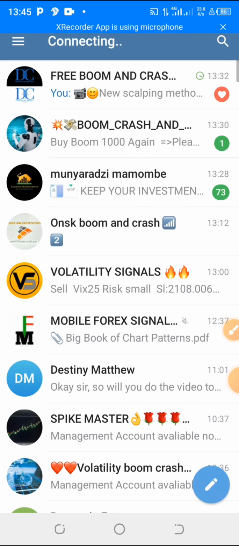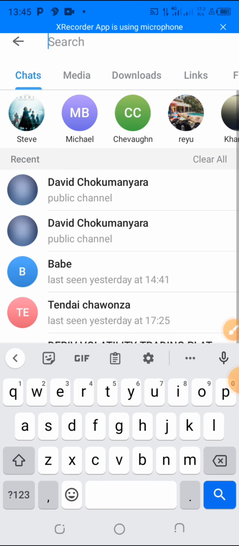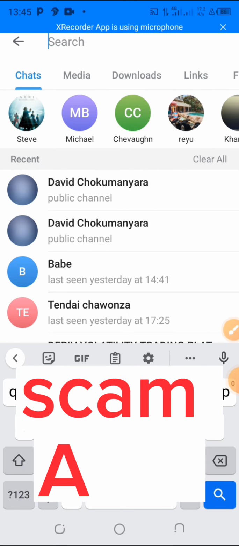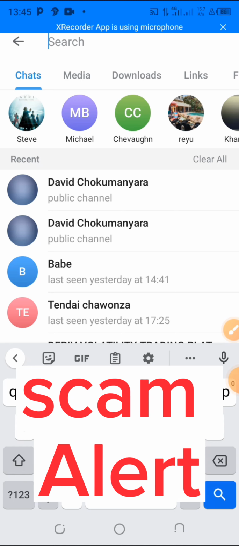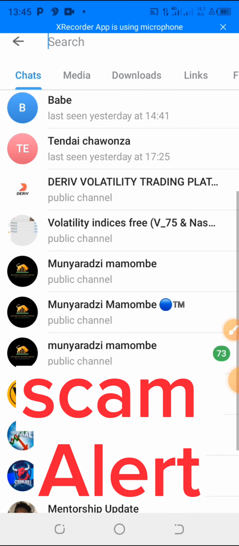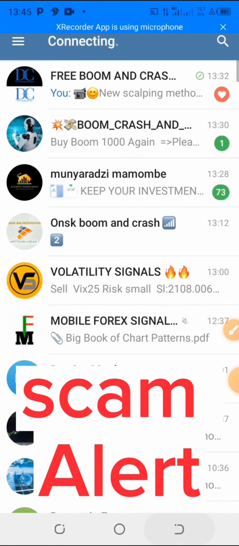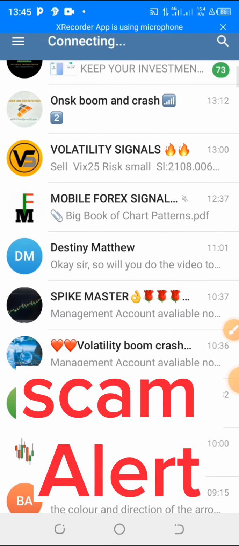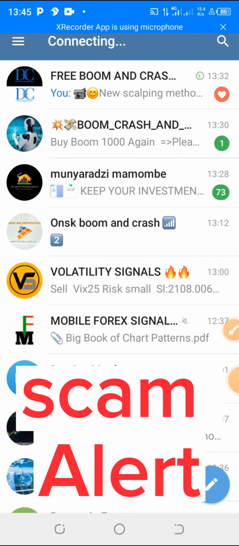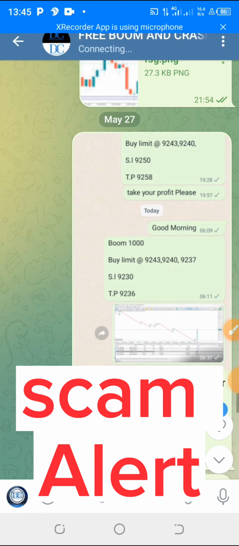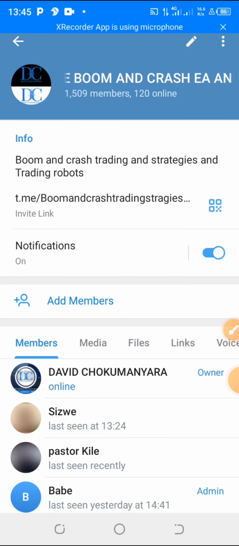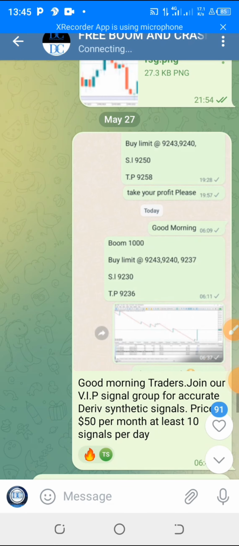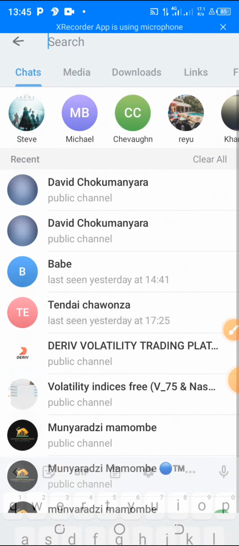They are scamming people using my profile picture and my name. These are not my groups. My group is this one, my official Telegram group, Free Boom and Crash, EA and Trading Indicators. There are so many people on Telegram claiming to be DC. That's not me.